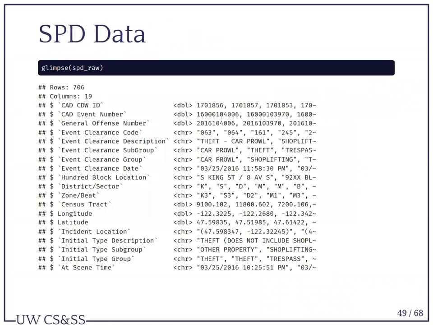So if we take a glimpse at this data, did I talk about glimpse already? Have we used glimpse before? Okay, glimpse is the tidyverse version of structure. So it's a lot easier to look at than str is when you're looking at data frames in particular, and I think it tends to be a little bit cleaner looking.